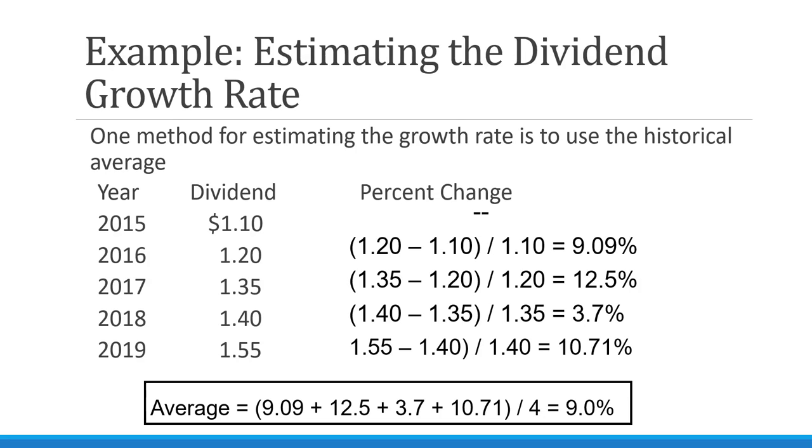So you can see here that we have 5 years of dividend information for a company, and we use that to calculate the dividend growth between each year's dividend. And then we use that information to get an average. So that gives us an average dividend growth rate across these 4 years of 9% to use in our dividend growth model equation.